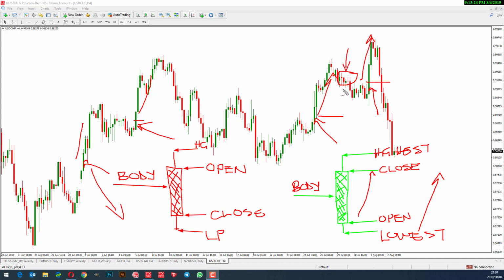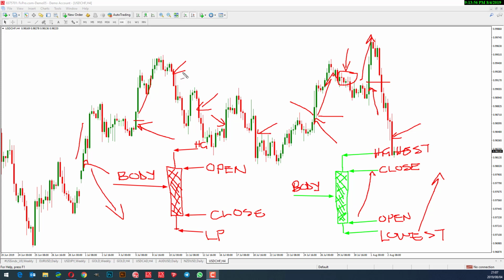But the moment you see these big candles, then you know there are going to be good opportunities, especially when you get those candlesticks at an area of interest, say a strong supply area or a strong demand area.